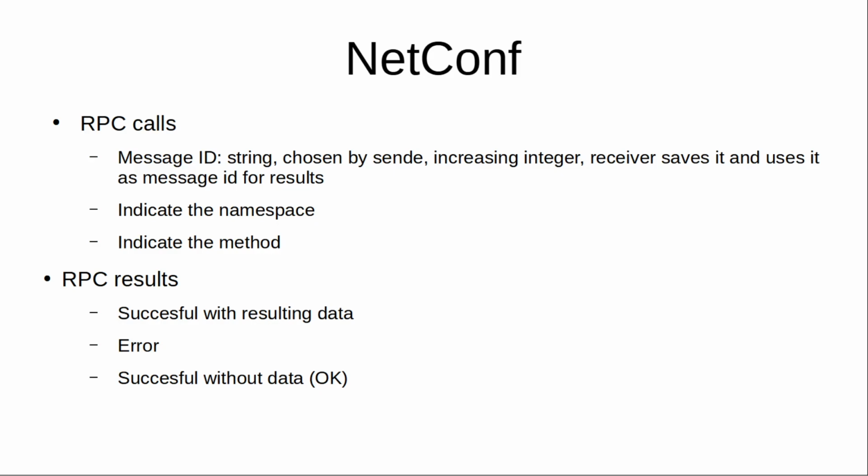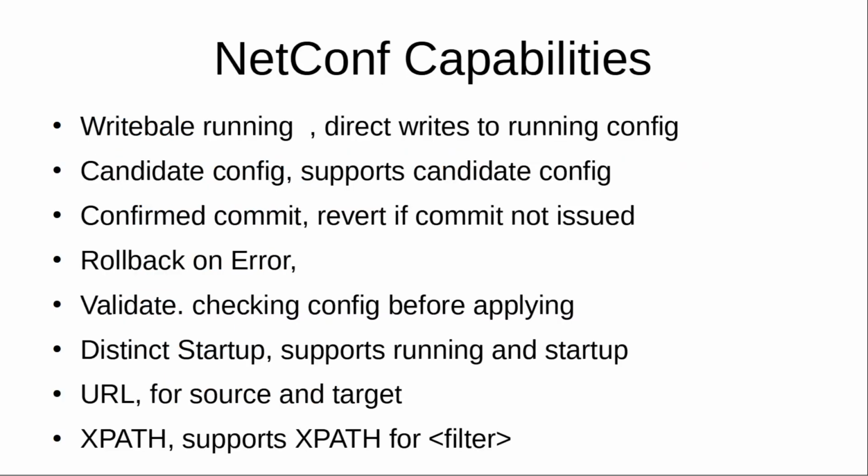You will also have to indicate a namespace and a method: what do you want to do with your call? The device or server will provide you with a result that can be of three types: a successful result with some data, an error with an error specification, or a successful response without data. In this case, you will only receive an OK.